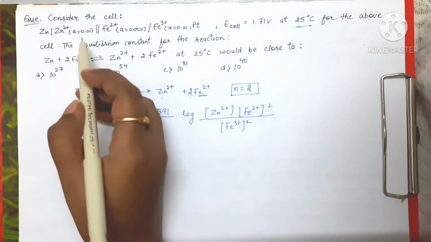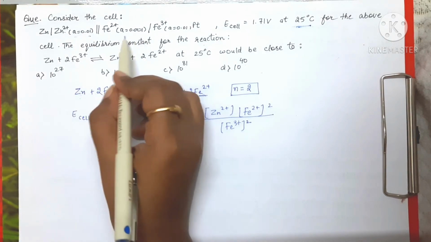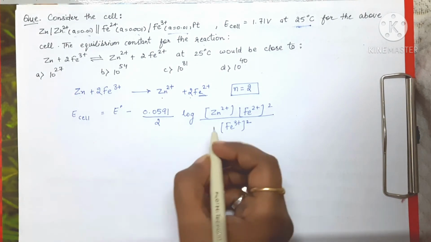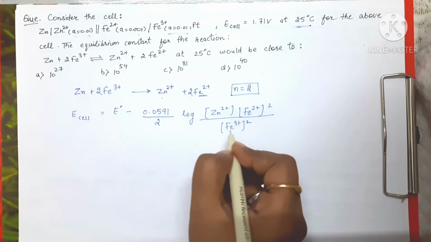Now the concentrations of Zn2+, Fe2+ and Fe3+ are given in the question, so we will simply put those in this equation.